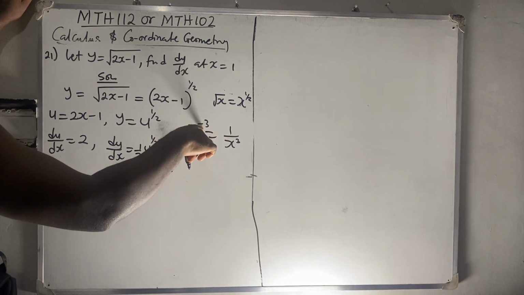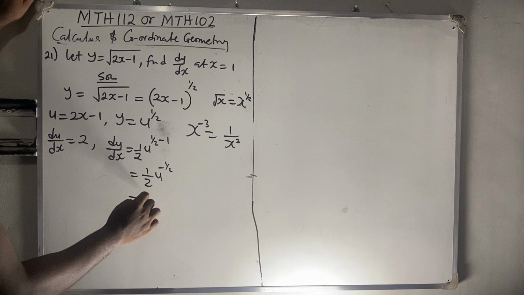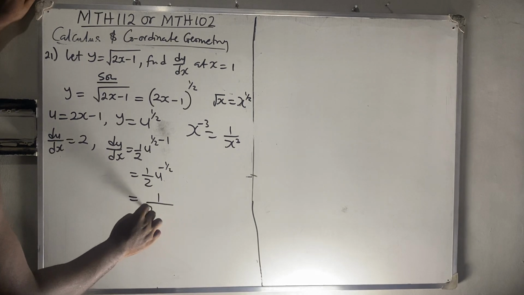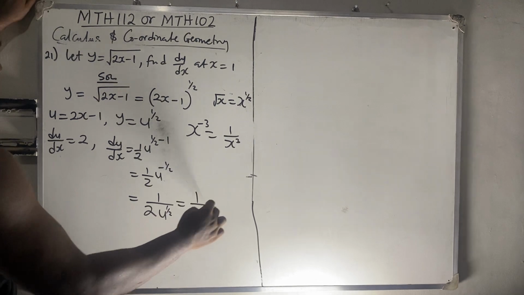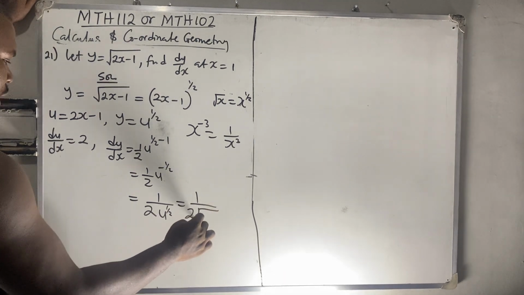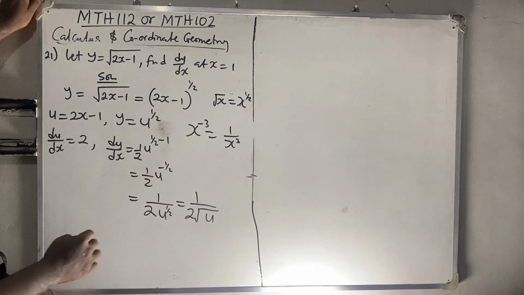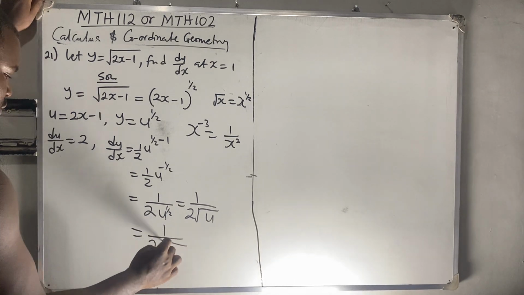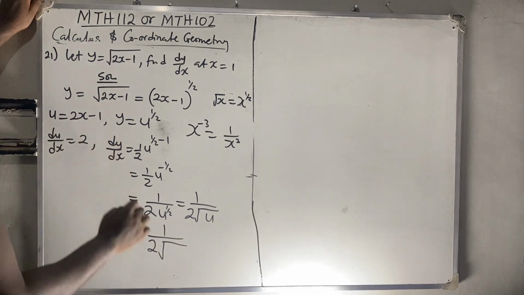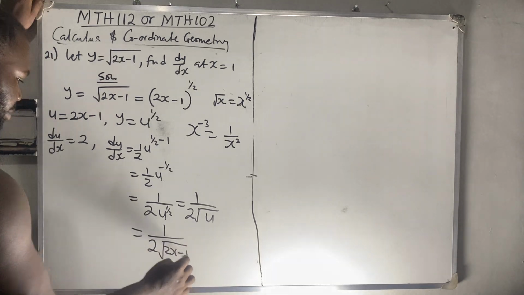So the minus in the power, we can bring it down. So this is the same as 1 all over 2 u raised to power 1/2, which is the same as 1 all over 2 the square root of u. What is my u? My u is 2x minus 1.